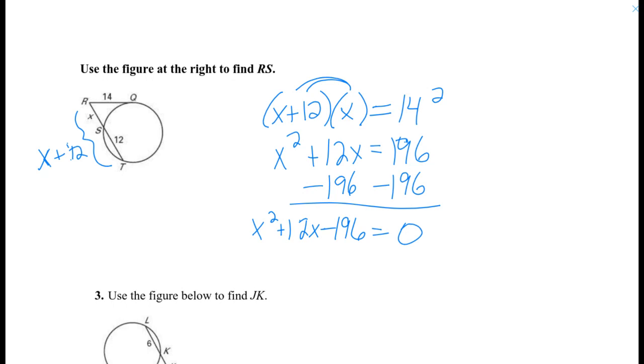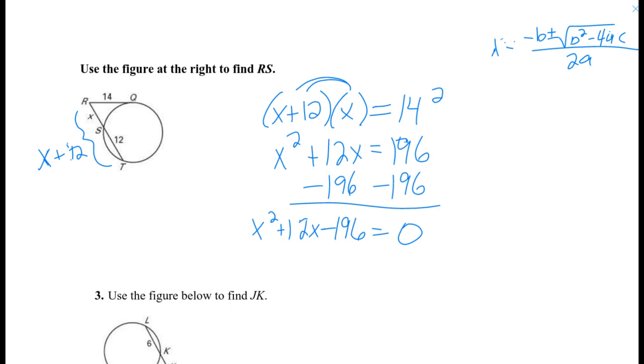At this point, we talked about 3 different ways to solve quadratic equations last year. The first way, we talked about factoring and then using the zero product property. Second way that we talked about was using the quadratic formula, which, if you remember it at all, was x equals negative b plus or minus the square root of b squared minus 4ac all over 2a.